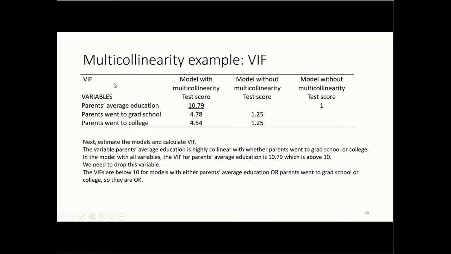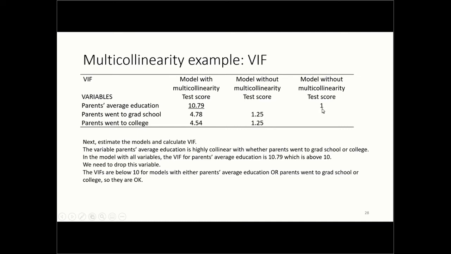these numbers here are actually the VIFs. We see that the VIF for parents' education is a number above 10, and we said that 10 is the cutoff for this variable. The other VIFs are definitely not a problem.